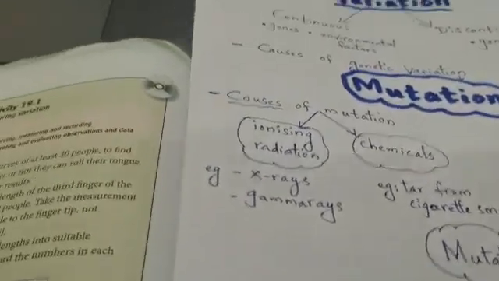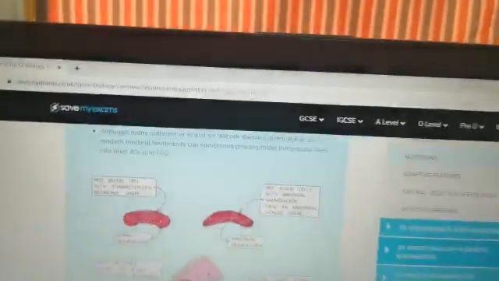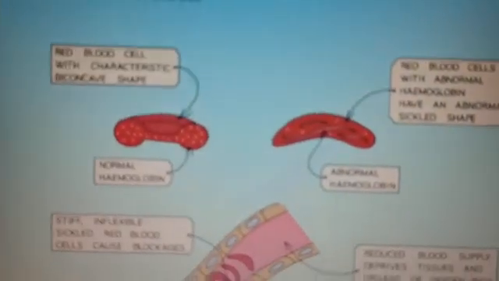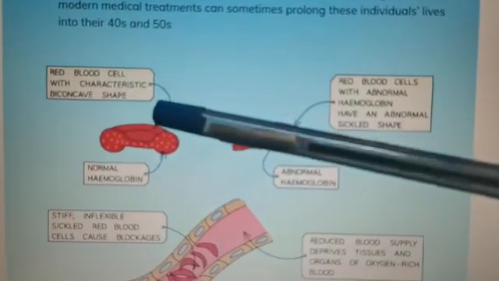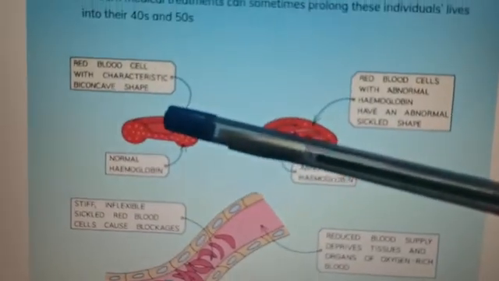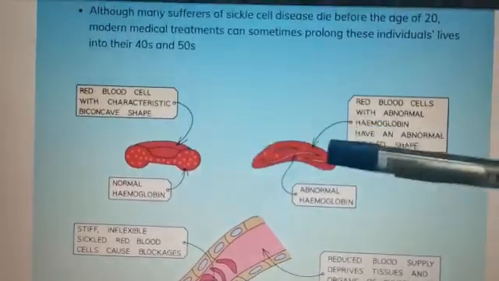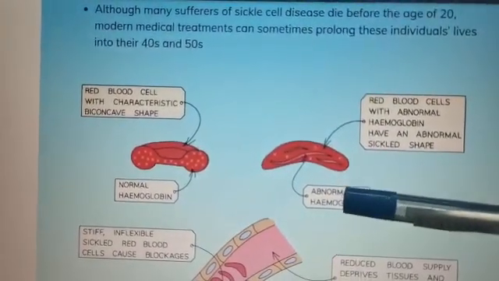If you are looking here on the computer, have a close look. These are the normal red blood cells in your body. And can you see the other shaped one here? This is abnormal hemoglobin.